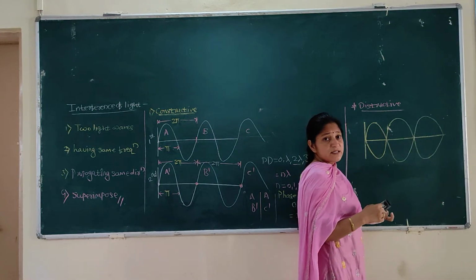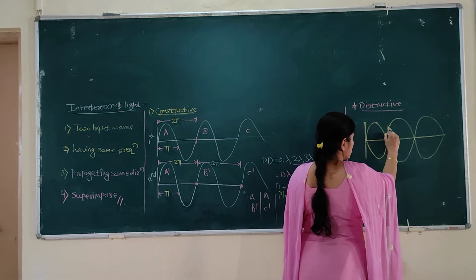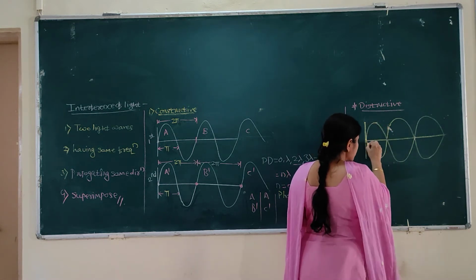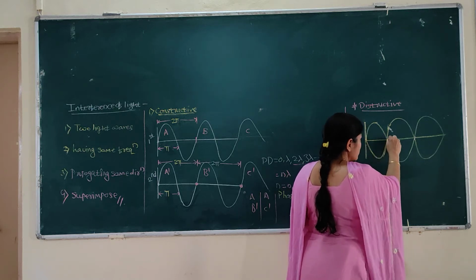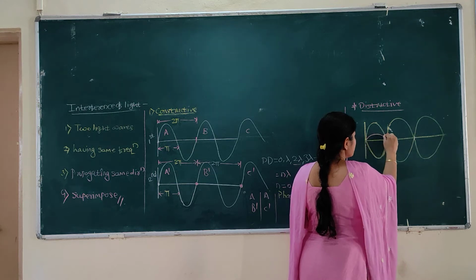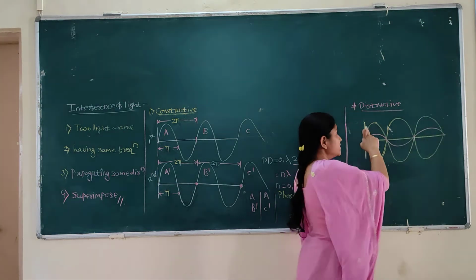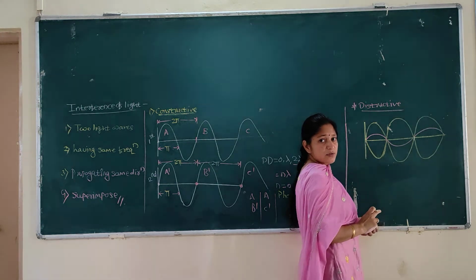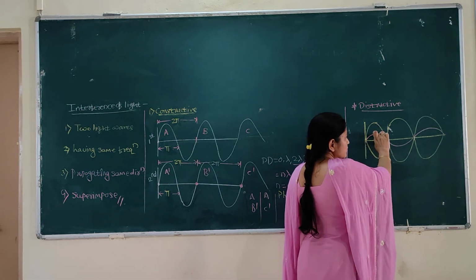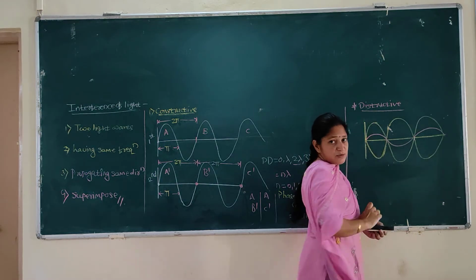Destructive interference is when the crest of one wave overlaps with the trough of the other wave, then the resultant amplitude is minimum, and then it is said to be a destructive interference. Understood? When the resultant amplitude is minimum, then there is a destructive interference.